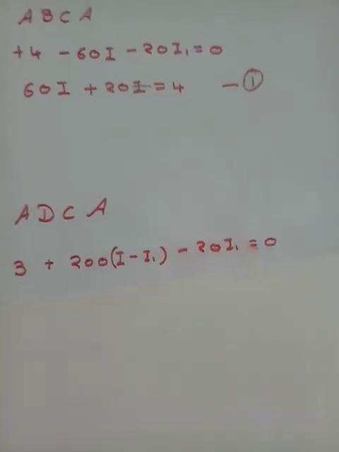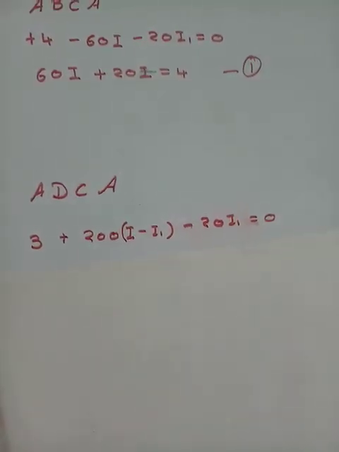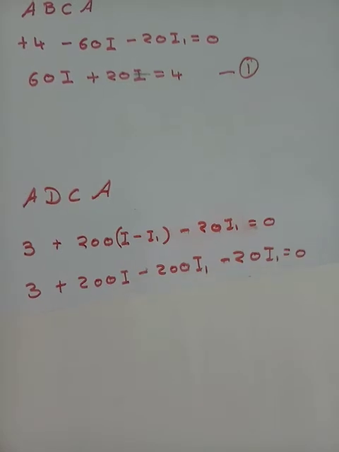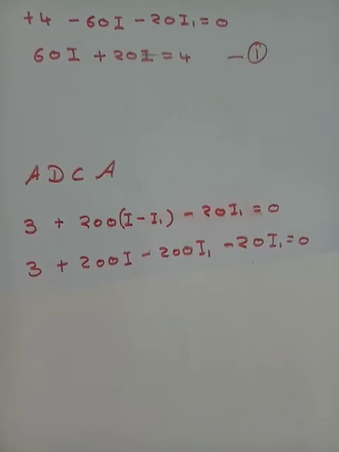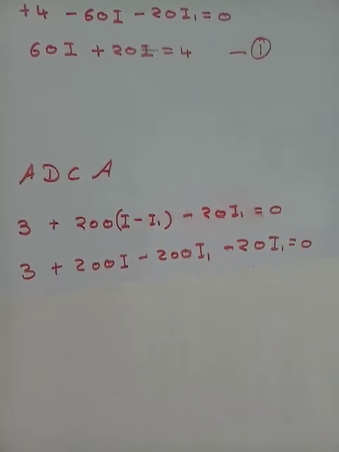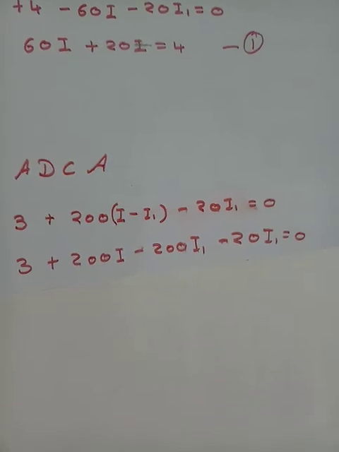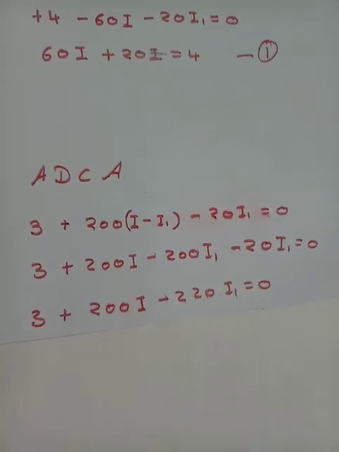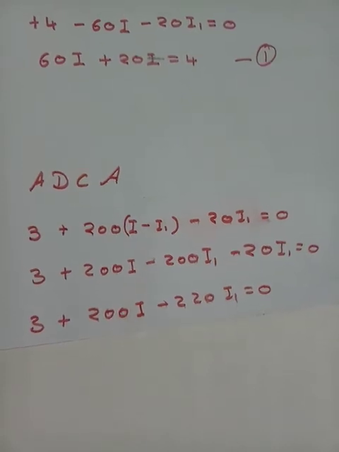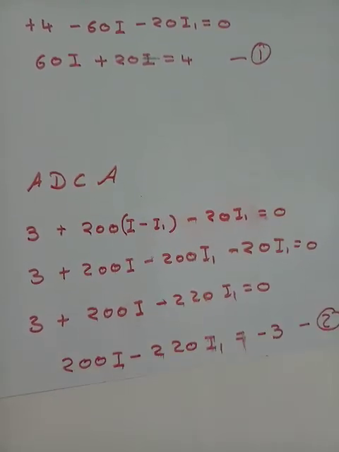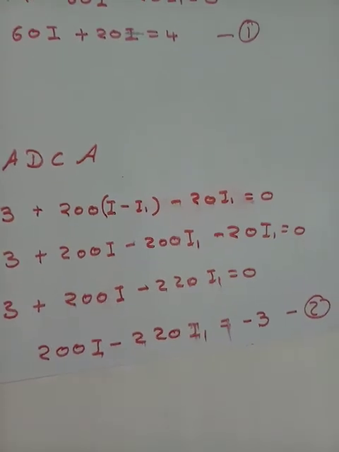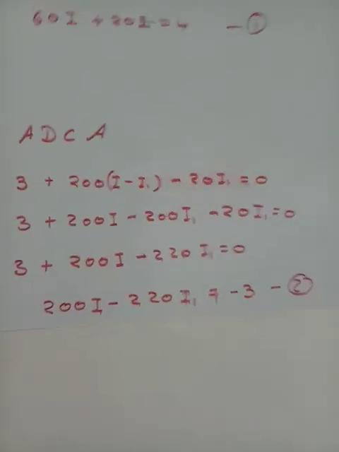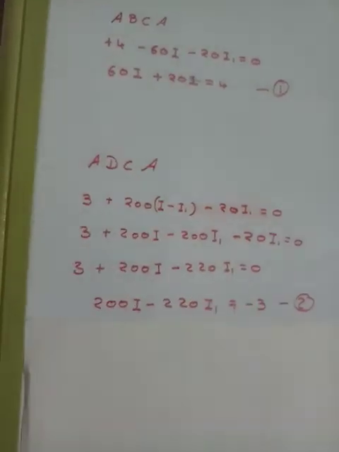So this gives 0. Now I have to expand this equation. Expand the bracket. This is how I add up the terms and this becomes equation number 2: 200I minus 220I1 is equal to minus 3.